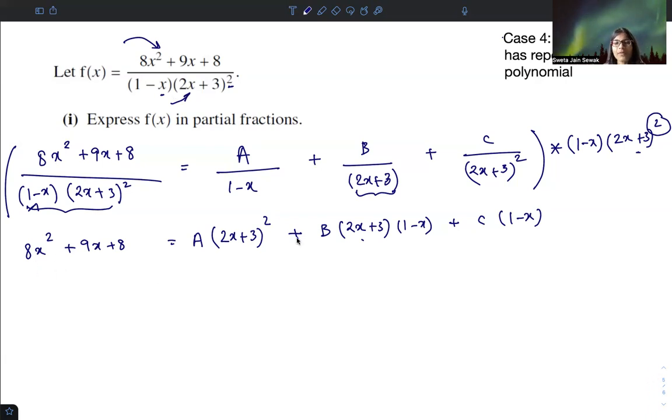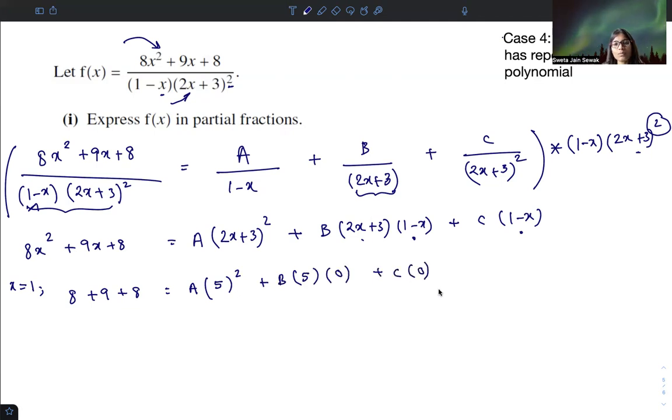Now, if I've got 1 minus x here and 1 minus x here, I can eliminate B and C to find A. Let's put x equal to 1, which will help us eliminate B and C. So if I put x equal to 1, I get 8 times 1 plus 9 times 1 plus 8 equal to A multiplied with 2 times 1, which is 2, plus 3, 5 squared, plus B multiplied with 2 times 1 plus 3 is 5, and 1 minus 1 is 0, plus C multiplied by 1 minus 1 is 0.